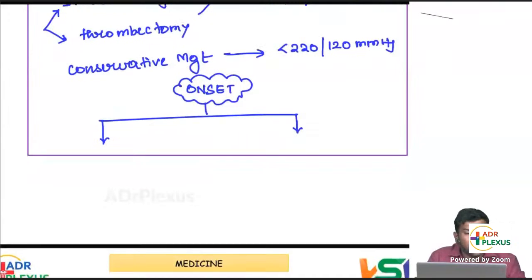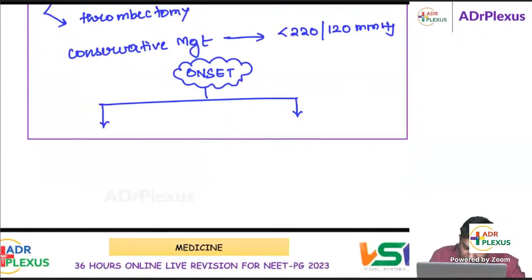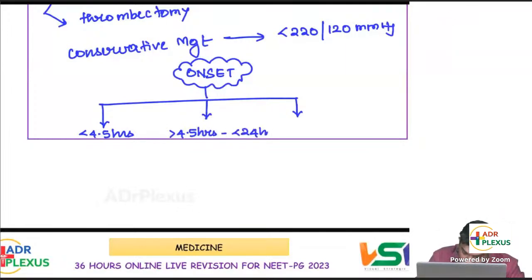Whenever the duration is less than 4.5 hours, what are you going to do; whenever it is more than 4.5 hours but less than 24 hours, what are you going to do; whenever it is more than 24 hours, what are you going to do. Three things you're going to decide.